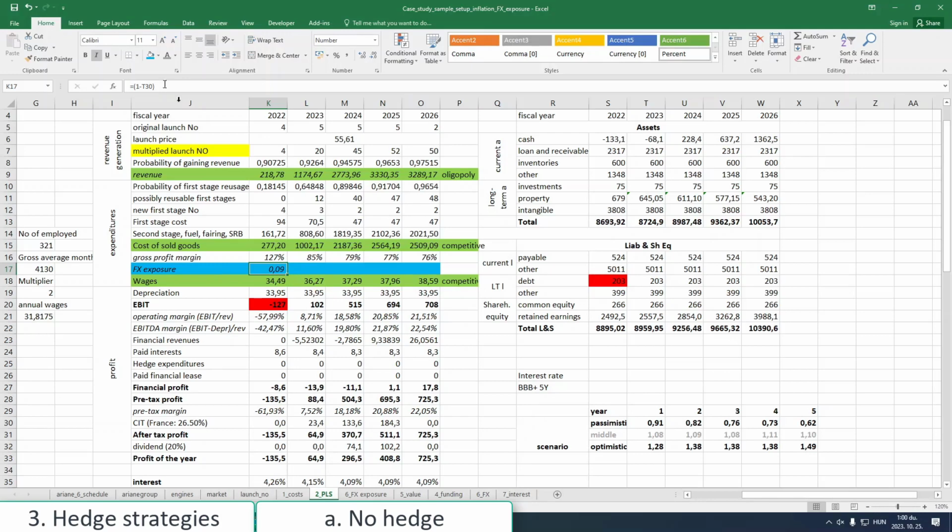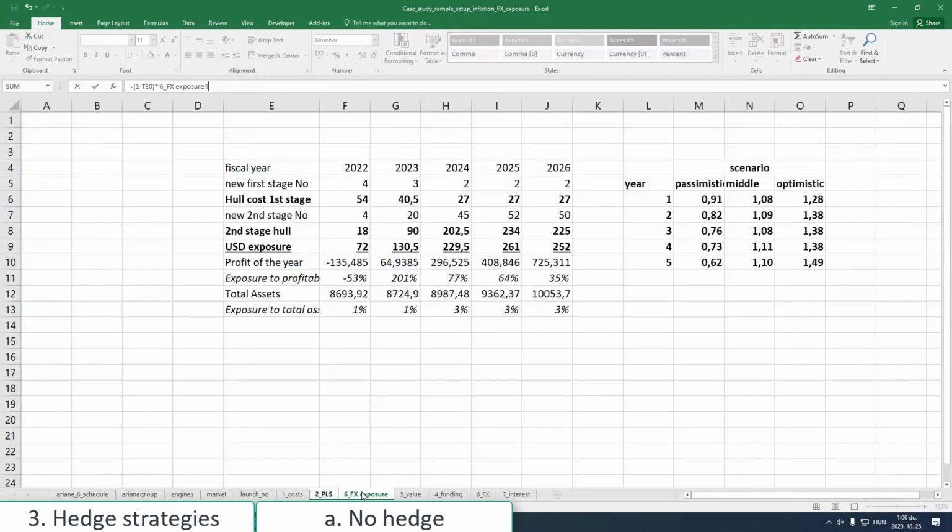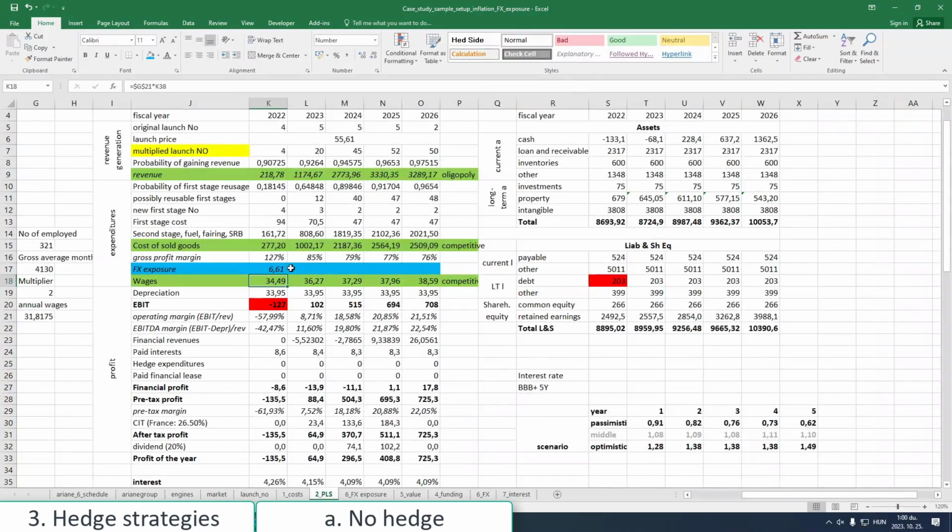Then we multiply it with the already generated exposure data, and this will generate such a loss. So we need something negative, so if I multiply by -1, then this will be negative, so I don't need any further -1s.